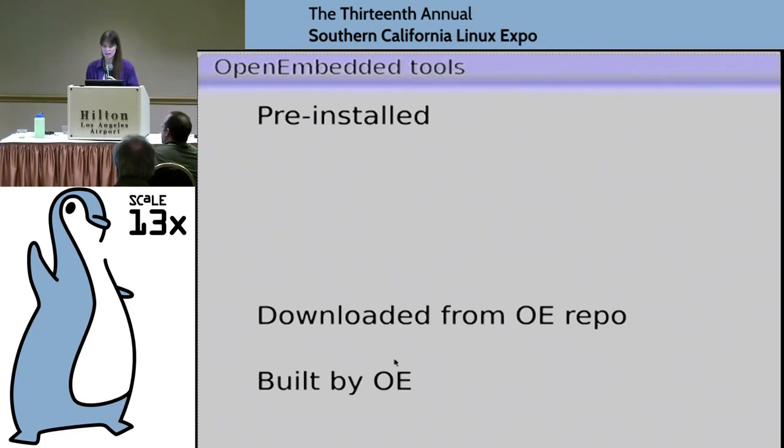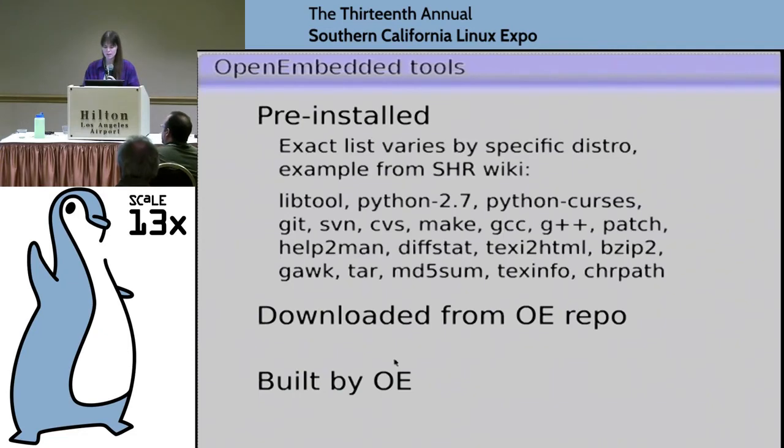So let's look at the tools situation for the host computer again. Again, you need some that are pre-installed. The exact list actually varies by the specific distro that you're using, but here's an example from the SHR Wiki. It's mostly stuff that you would find in build-essential on a typical Ubuntu.